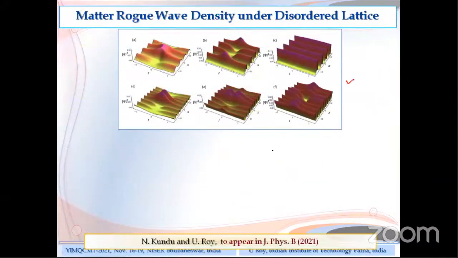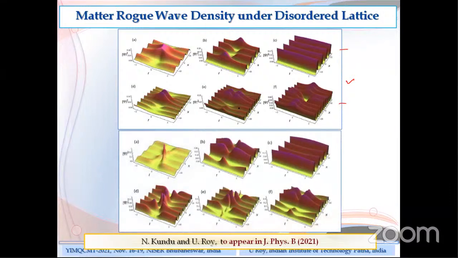So this is the first component, with the bright soliton and dark soliton, and this is the second component. You see that localization also appears in time scale, so the whole dynamics is completely different from a normal condensate obtained in solitonic configuration. So definitely this disordered lattice for rogue wave will give you a lot of new physics, which is probably not known so far.